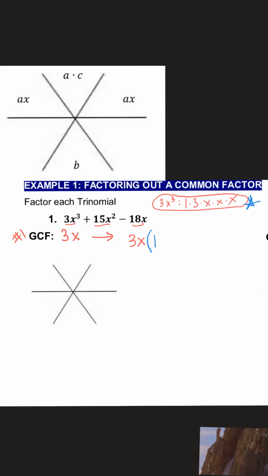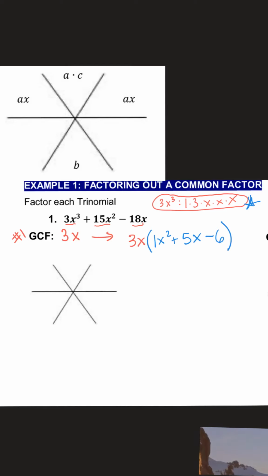And if I take an x out of x cubed, I'm left with x squared. Plus 15 divided by 3 is 5. Take an x away from x squared, and I have x. Then negative 18 divided by 3 is negative 6. Take an x away from x, and I'm left with no more x's anymore.